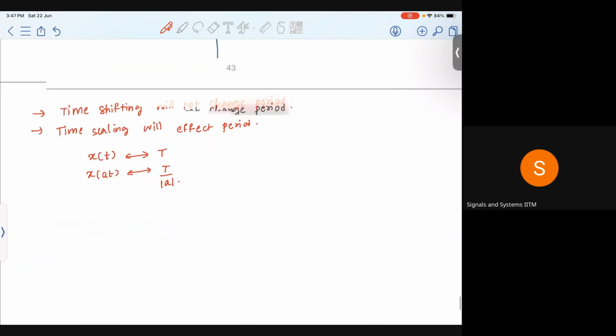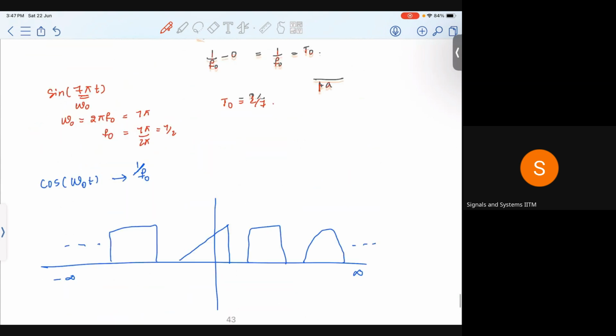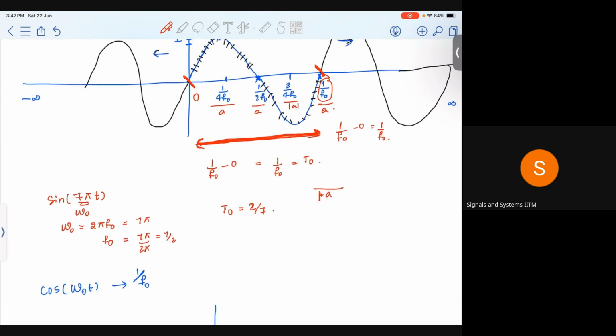So if x of t has a period of T, then x of a t would have a period of T by mod a, because the period is always positive. If this difference is T, when you time scale the signal, that period would be T by mod a. You see that, right?